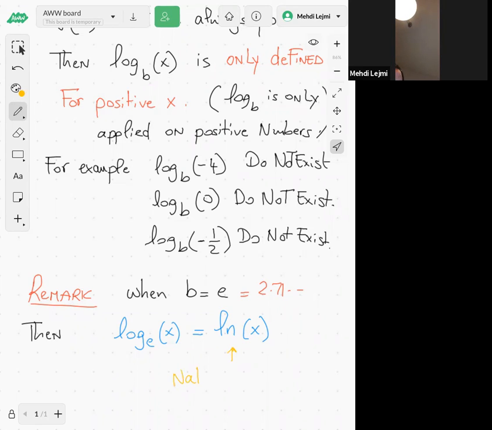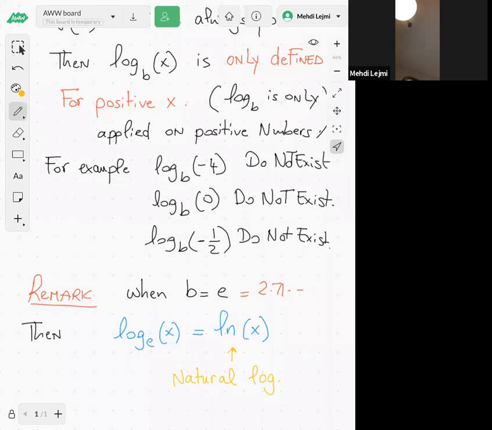So ln stands for natural log. Because e to the x is the natural exponential, when the base b is equal to e, that's what I call natural log.